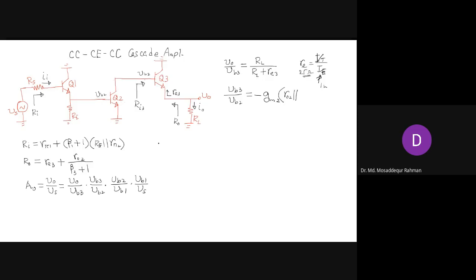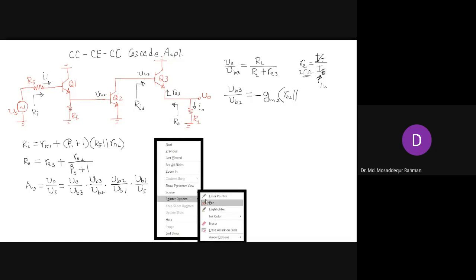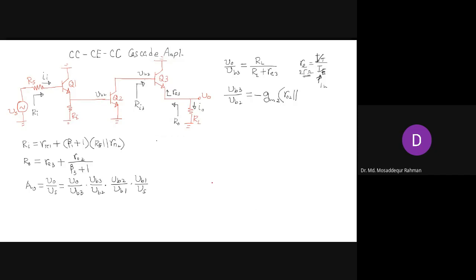So for Q2, we can draw it like this: this is Q2, this is the base, voltage VB2, connected to Q3, and looking into the base it gives a resistance Ri3. So Ri3 is the load for Q2.